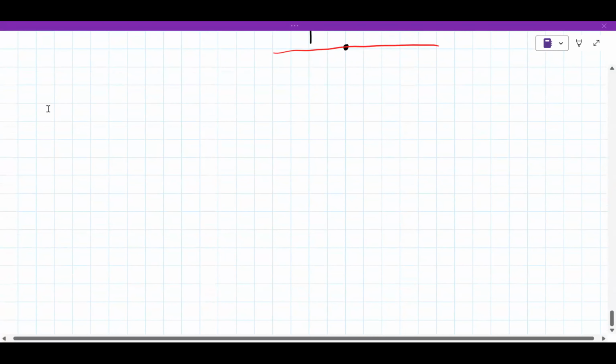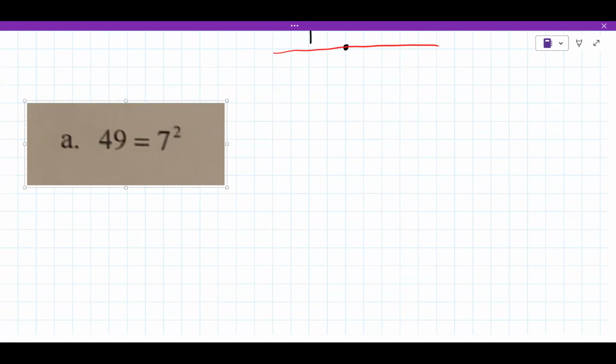All right. So number 9, it says to convert the exponential expression to an equivalent logarithmic function. I think it should say expression there. So I have to sort of give you the answer, and then from the answer you can say, oh, that's how you do it. So this is log base 7 of 49 equals 2.